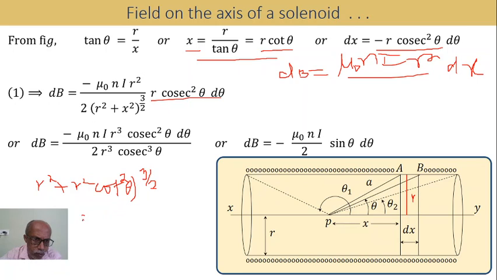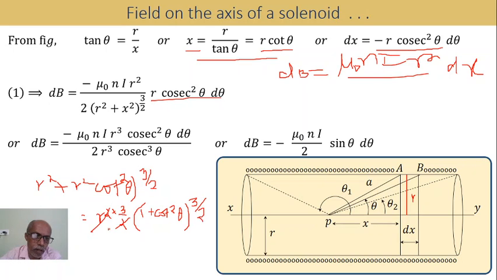Taking r square common, r square into 1 plus cot square theta whole power 3 by 2.